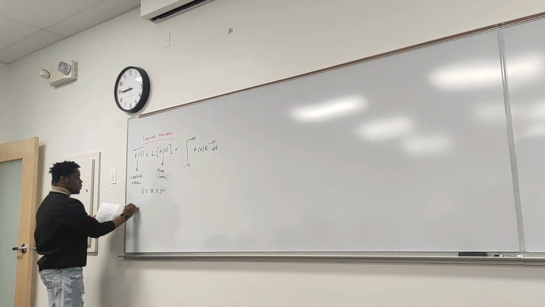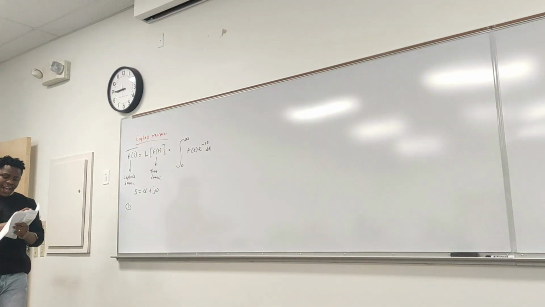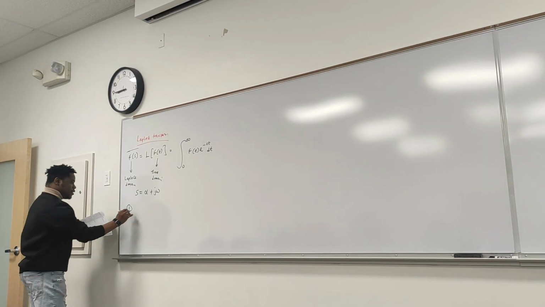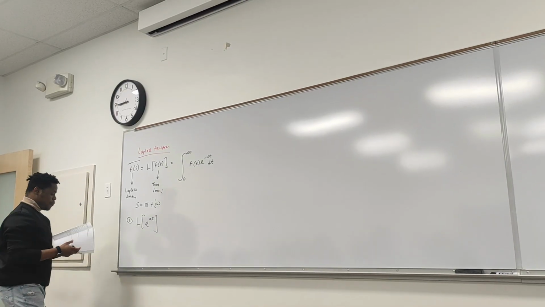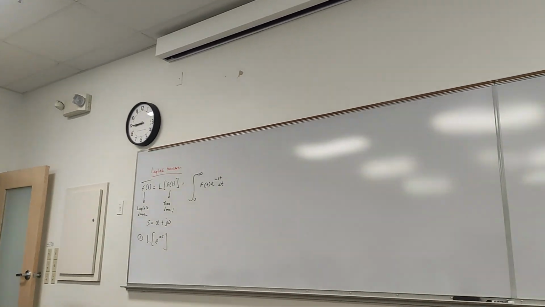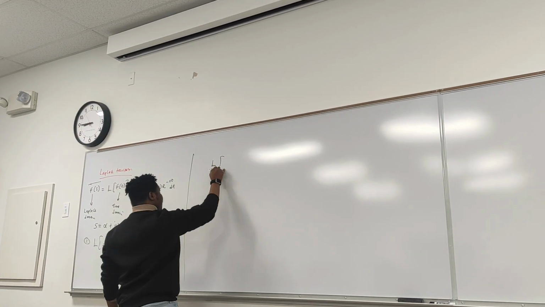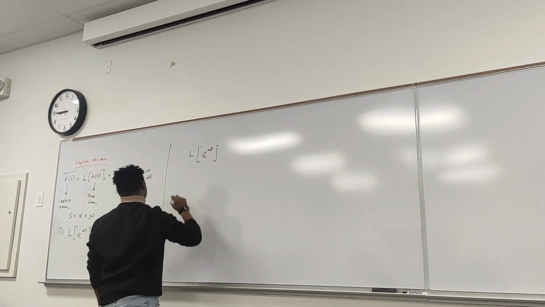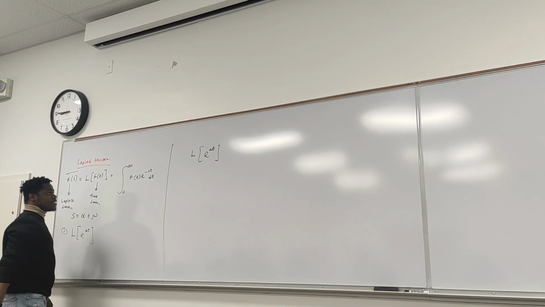So example 1, from this workbook. We are asked to find the Laplace of exponential at. That's the first example we want to do. If you want to find the Laplace of exponential at, we're told that our Laplace transform is the integral of f of t exponential minus st dt.